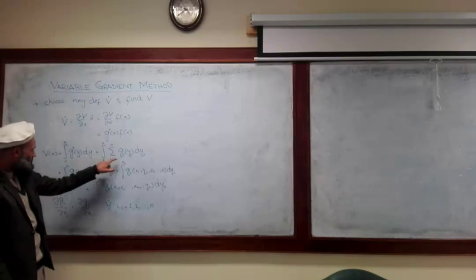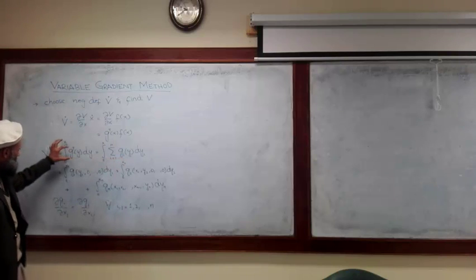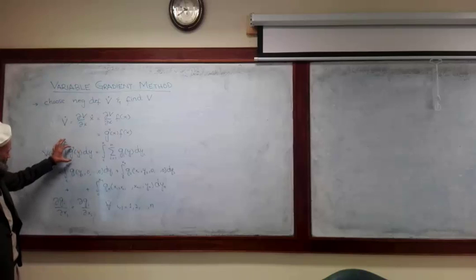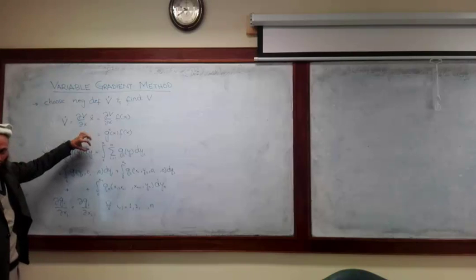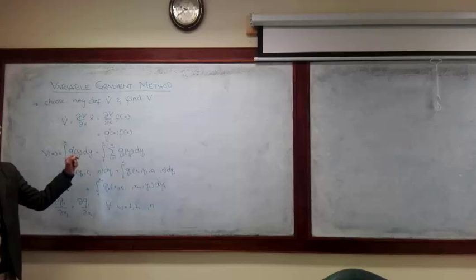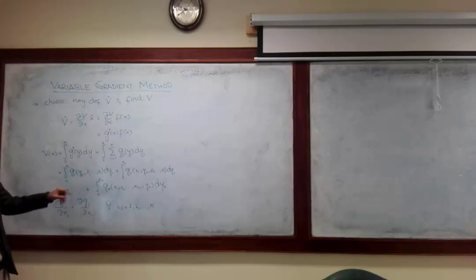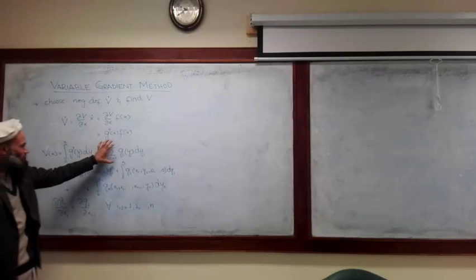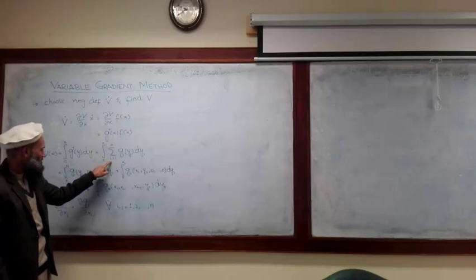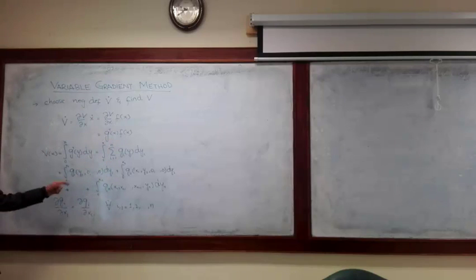This can be written in expanded form, that is this product is g1 multiplied by dy1 plus g2 multiplied by dy2 and up to gn dyn, which is written over here. How to integrate it? It is integrated in this way.